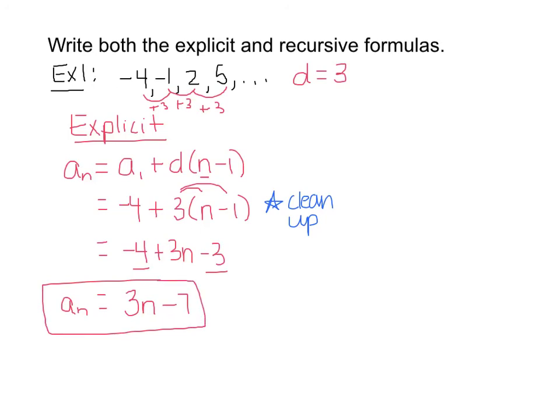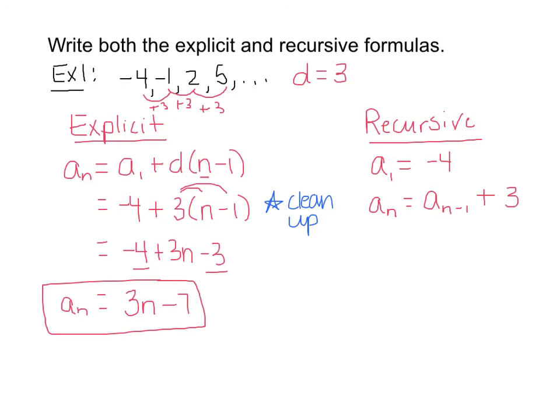Now let's find our recursive. The recursive formula to start with, and this is from your formula chart, the first thing we're going to do is write down what our a sub 1 is. Our a sub 1 in this problem is -4. To get our a sub n, you would take the previous term, which is a sub n minus 1, and you would add to it the d, which is just 3.